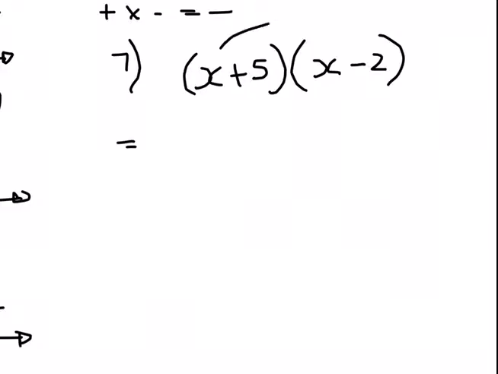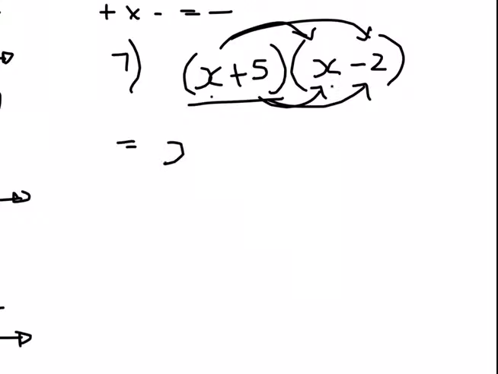Again, you just say this multiplies that, that multiplies that, and then once you're done, you say this multiplies that and that multiplies that. So you leave no stone unturned. Everything in this monomial multiplies each term on the other side. So x multiplying x will definitely be x squared.